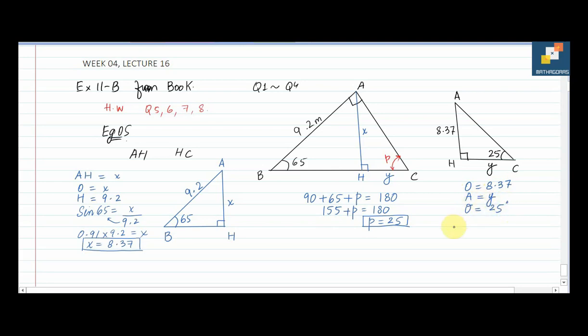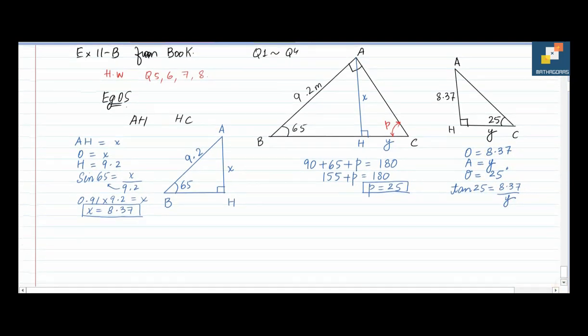Now O and A come in tan, so it's tan 25 equals opposite, 8.37, divided by adjacent, Y. Make Y the subject, so Y equals 8.37 divided by tan 25.